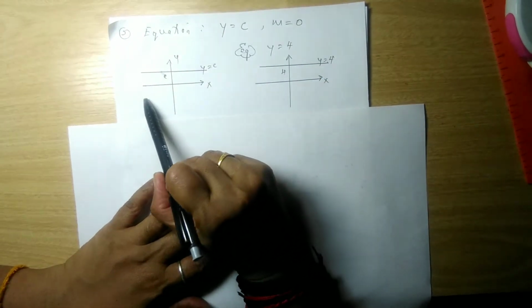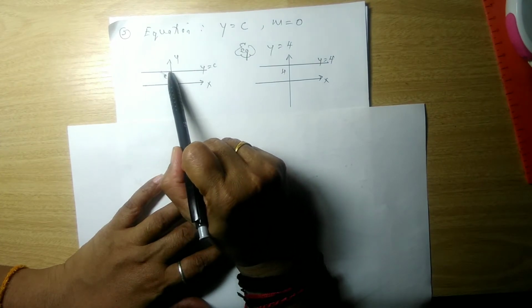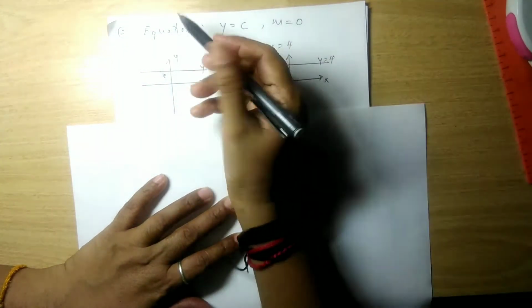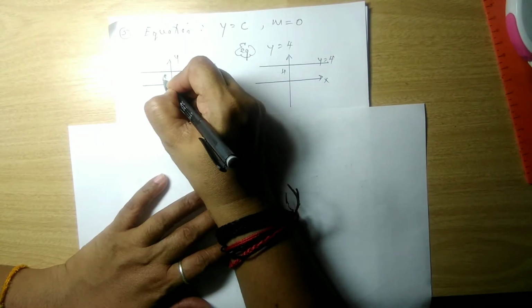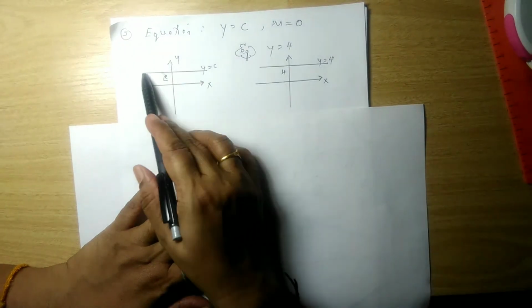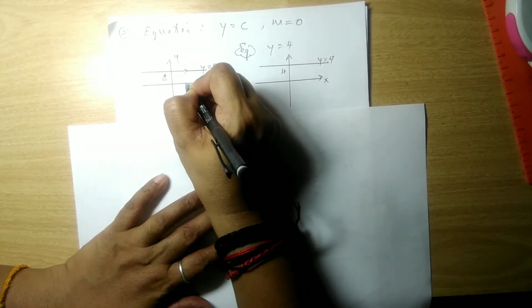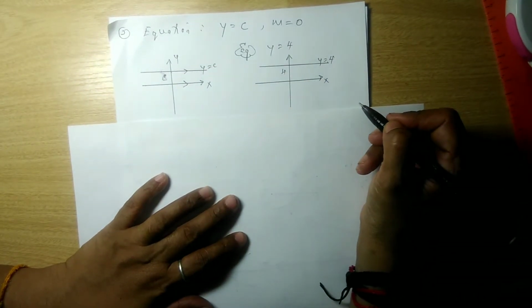So how are we going to draw this? It's going to be like this. This is your point c, here. So a line here now becomes y = c. It's a line drawn parallel to your horizontal, or your x-axis.